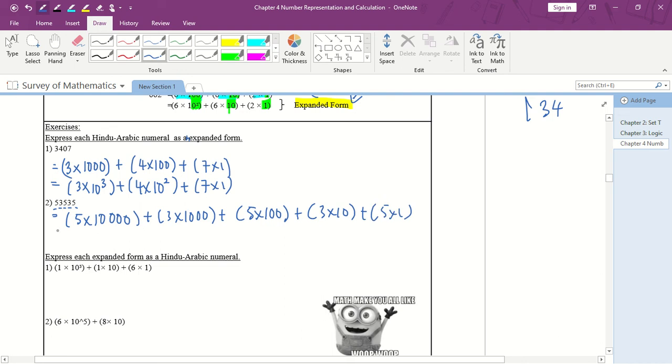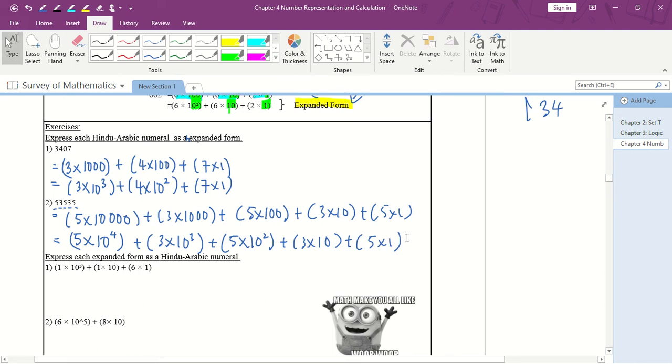Okay, then remember how many zeros here means what we'll be writing here. So 1, 2, 3, 4. So we have 4. 1, 2, 3. So it is 10 power of 3. 5 times 10 power of 2. And for 10 and for 1, we'll be writing the same thing. And that's it. We are done for this question.